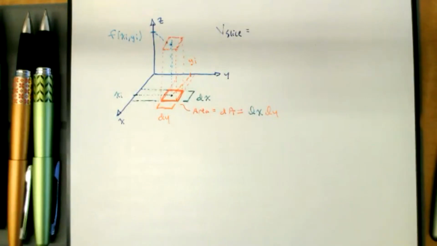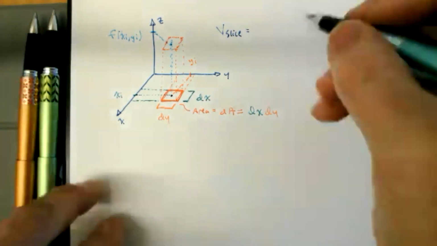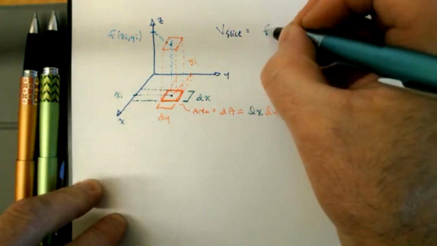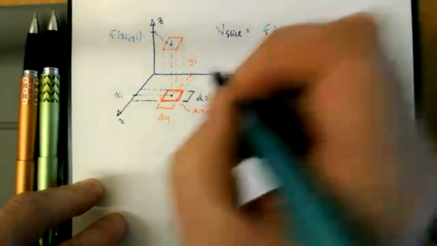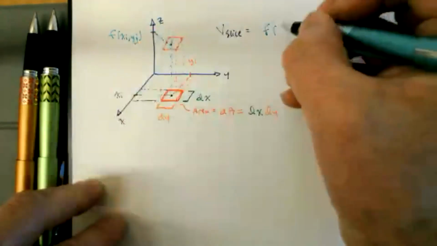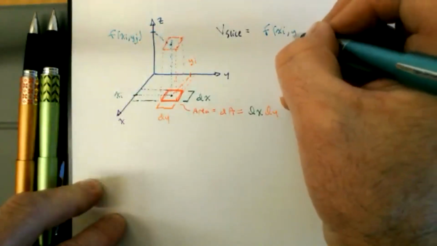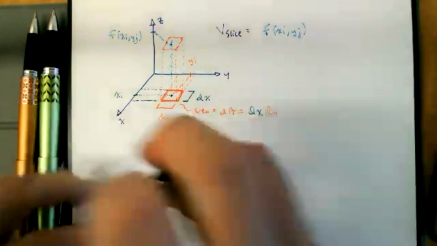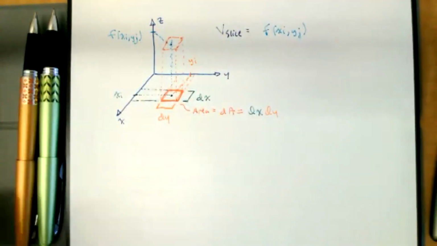When we cut up a region or a solid into a bunch of slices, I refer to the pieces as slices. So when I cut a volume into a bunch of rectangular solids, I refer to the rectangular solids as slices. So the volume of the slice will be the height evaluated at that one particular point, f at xi, yj, multiplied by the area.